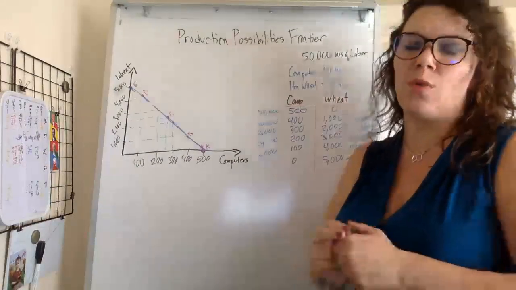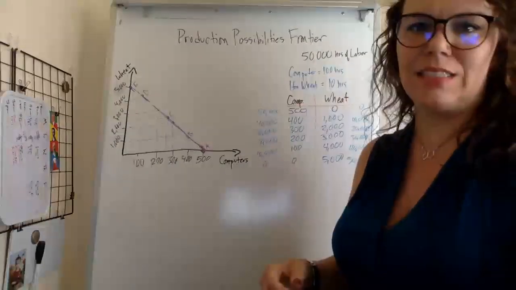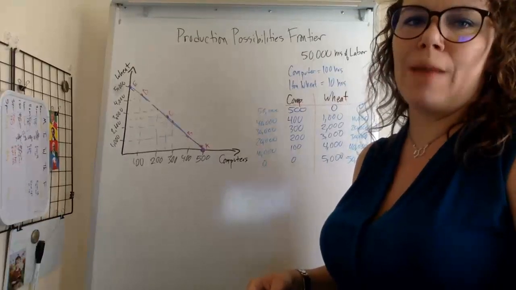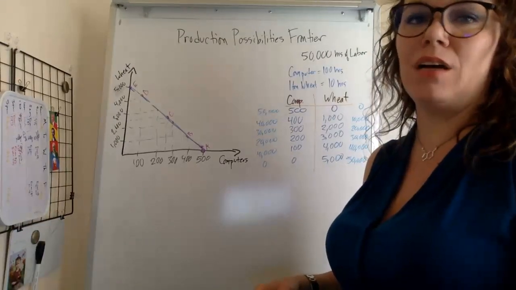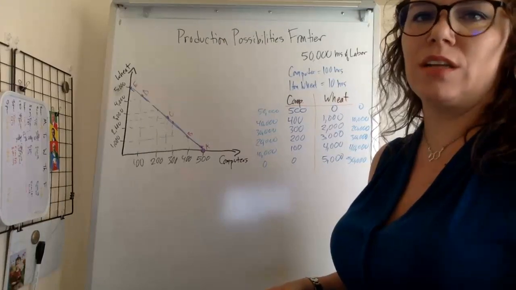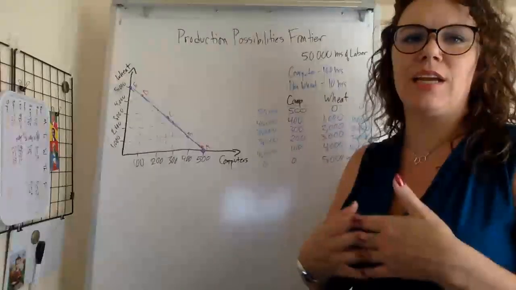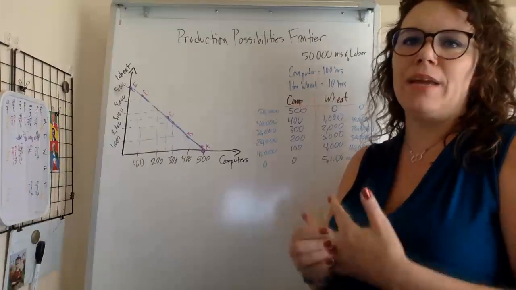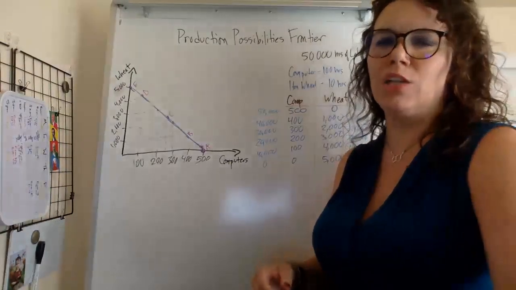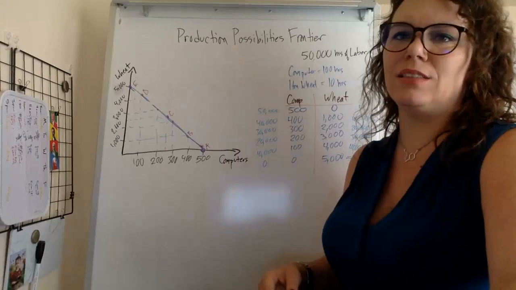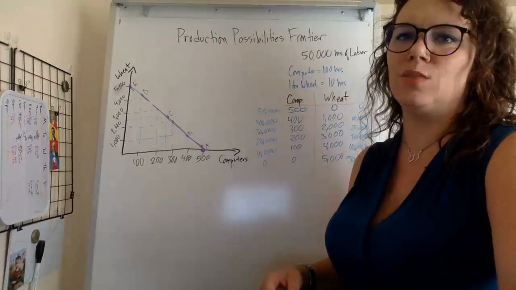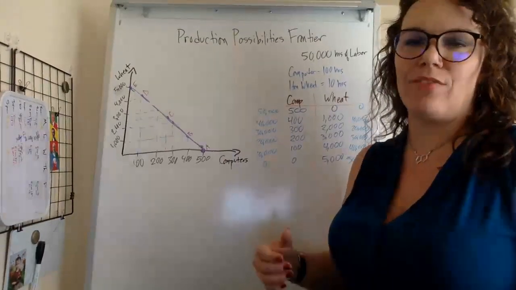So that's pretty cool. The next thing that's important is to think about what happens underneath and above the production possibilities frontier. And this is the part I'm going to ask you to do. I'm going to ask you to put this graph together, and then answer these two questions. Pick a point that represents 100 computers and 3,000 tons of wheat and label it F.